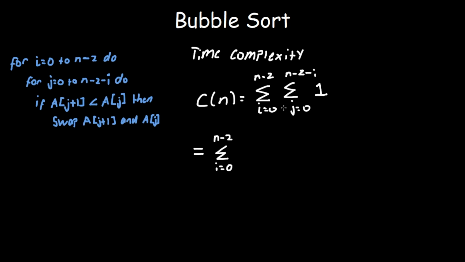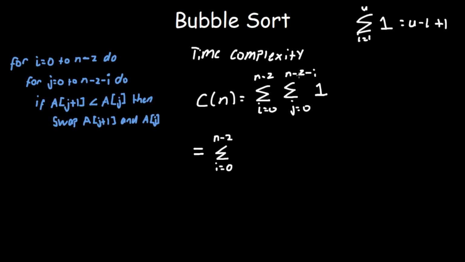Then using this rule over here, I'll write it in the top corner for you guys: the summation from i equals L to u of 1 is equal to u minus L plus 1.